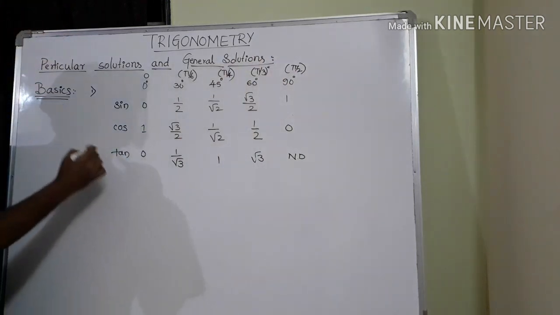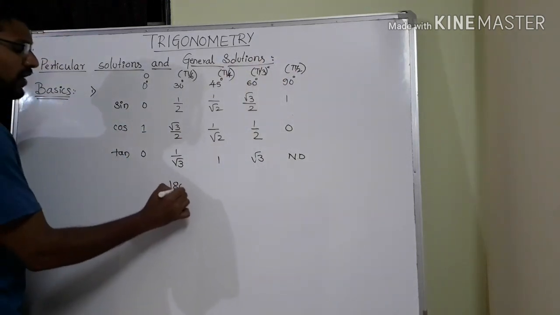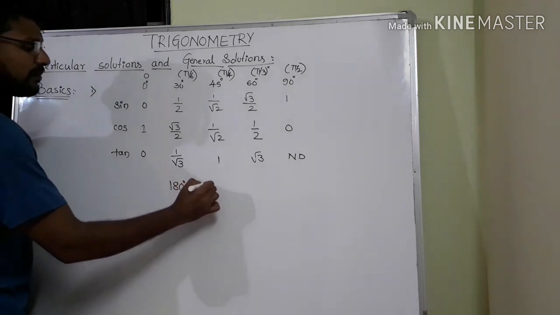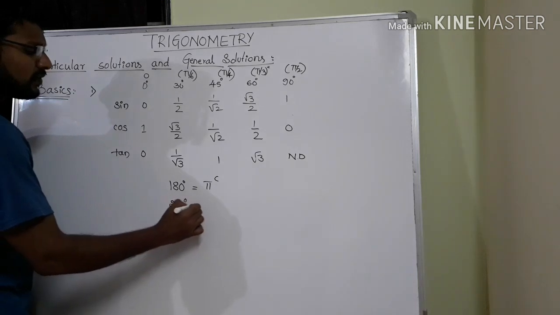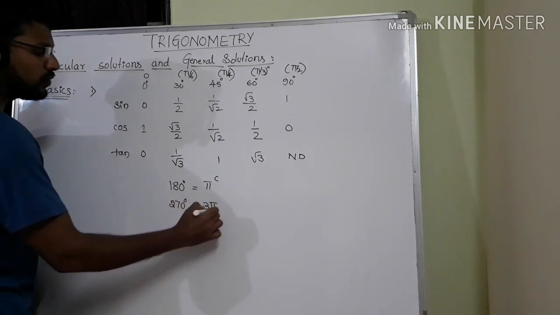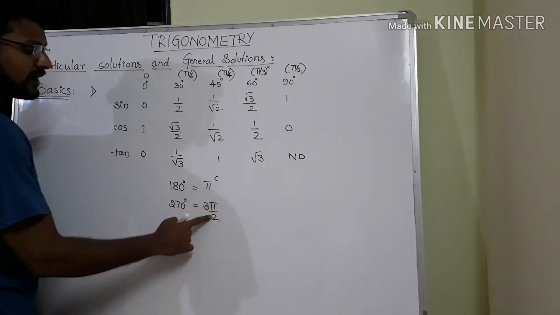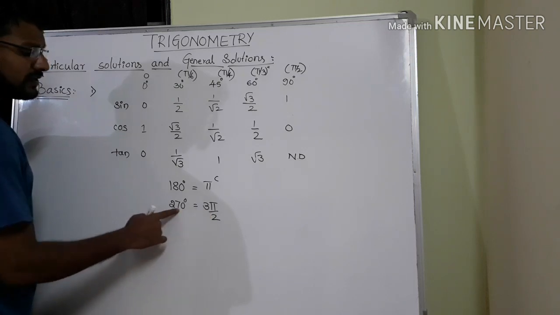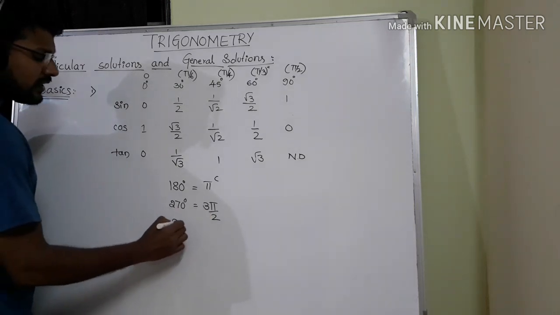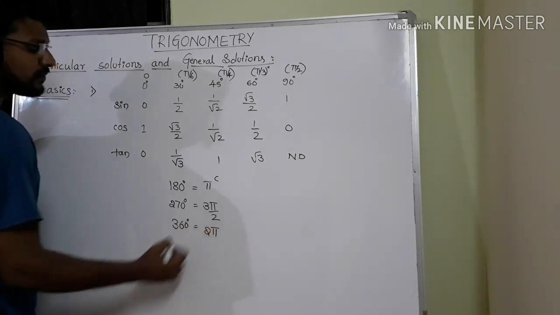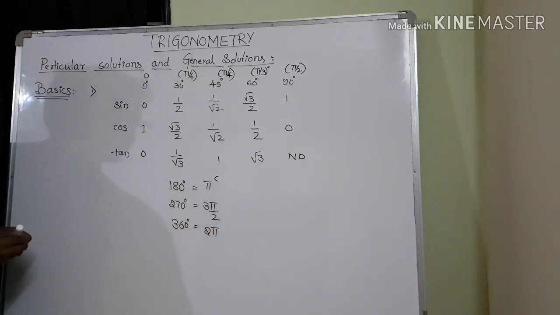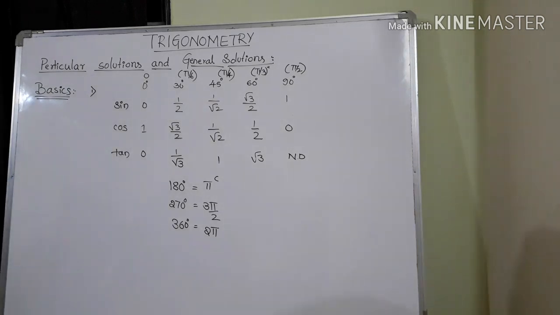Also, 180 degree is pi radians and 270 degrees is equal to 3 pi by 2, because 1 pi by 2 is 90 degree, 90 into 3 is 270 degree, and 360 degree is equal to 2 pi radians. So these are the first basics that you should know.